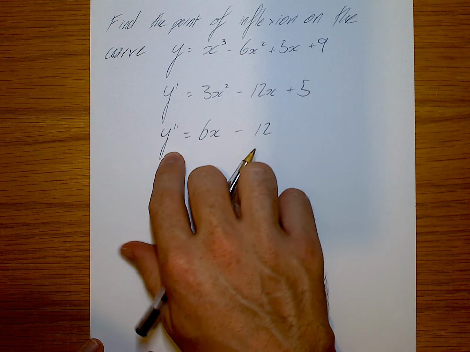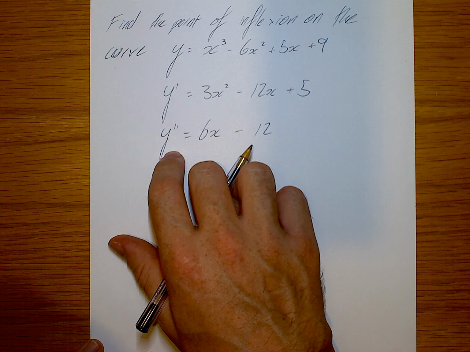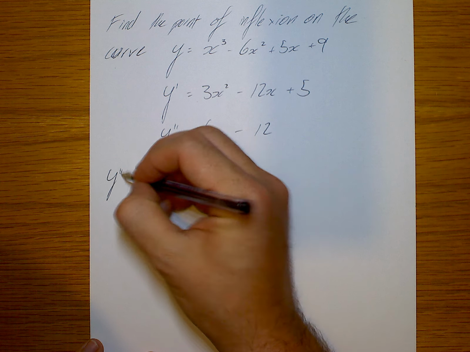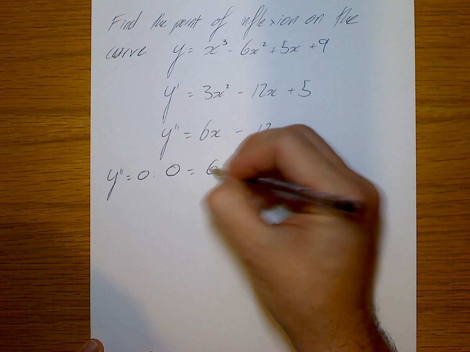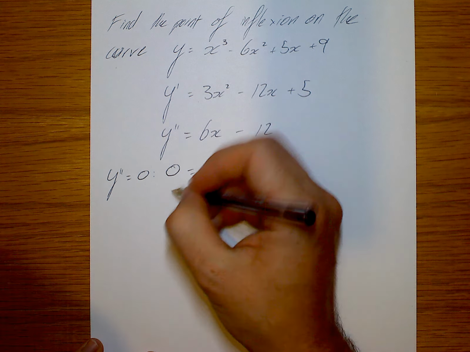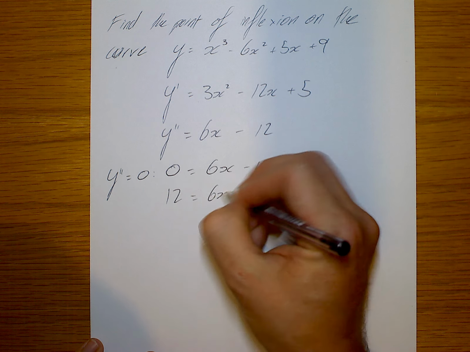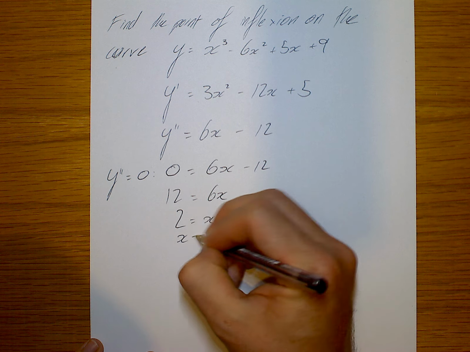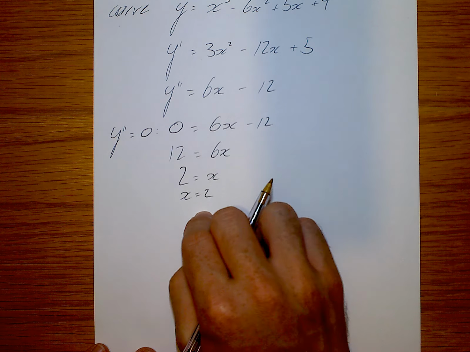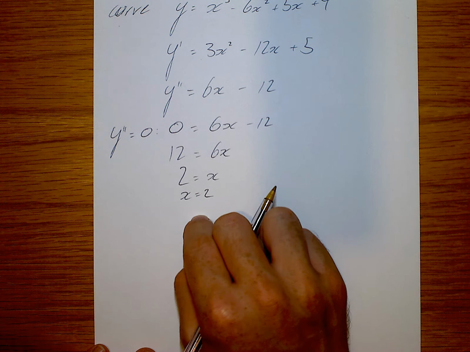We know that for this to have a point of inflection, this y double dash must equal 0. So 0 equals 6x minus 12. Let's put the 12 over and divide by 6, so 2 equals x. X equals 2.